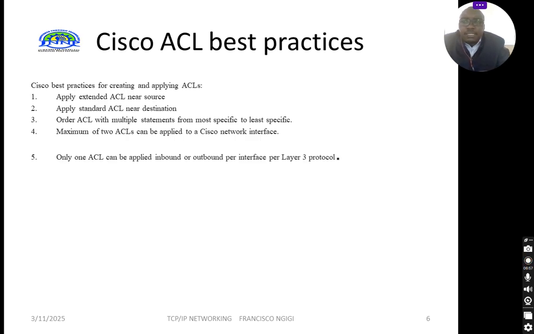Cisco ACL best practices. Cisco best practices for creating and applying ACLs: apply extended ACLs near the source. It's good we apply standard ACLs near the destination. It is good we understand these best practices. And it's good to mention that whatever statement you apply in a router is the one that is implemented.